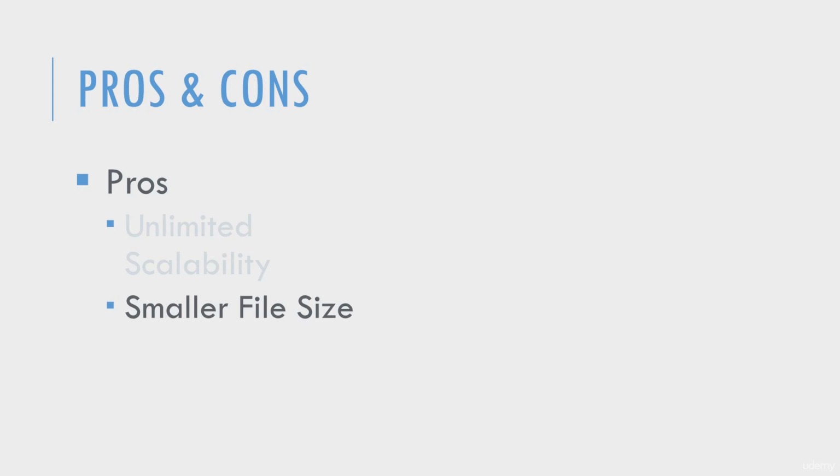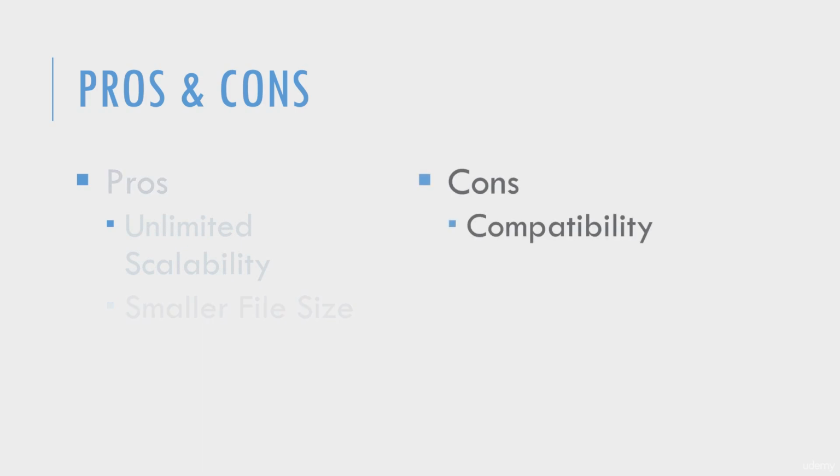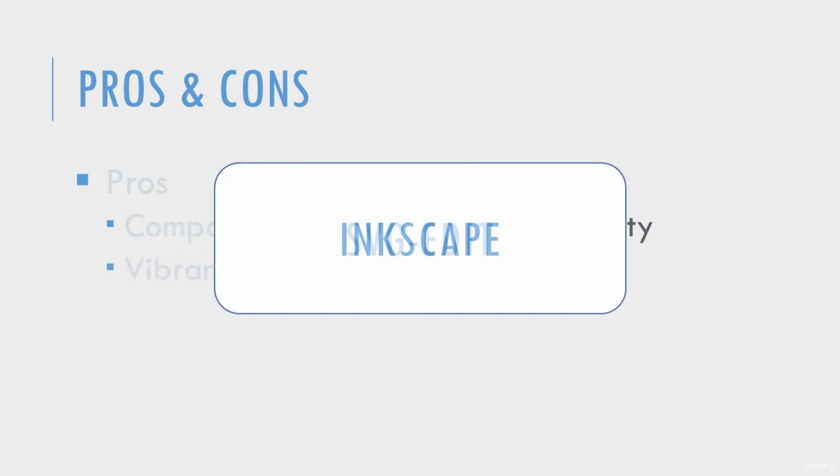It really depends on the complexity of the graphic, but in general, vectors will be smaller. Vectors aren't your run-of-the-mill graphic format, so a con would be compatibility. You probably won't be able to send your grandma a vector file without her having to download a special application to view it. One of the applications she might download is Inkscape, SVG Edit, or Vector.